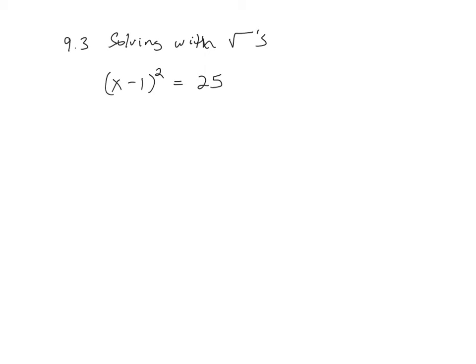Remember, if I got rid of the square and I just had x minus 1, that would be a lot simpler. So you're allowed to do the square root of that whole thing. And squaring a square root cancels each other out, so you're just left with x minus 1, which is a great thing to have happen.